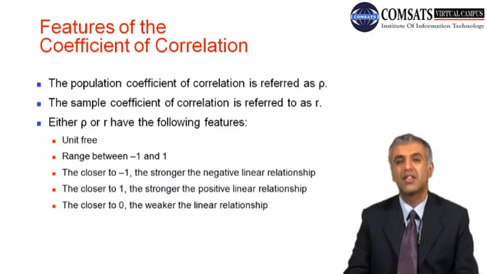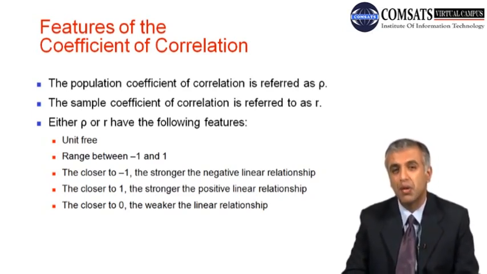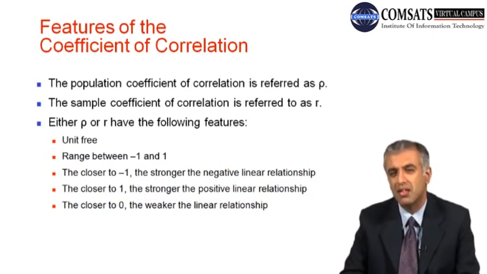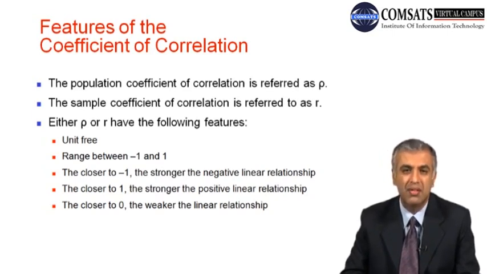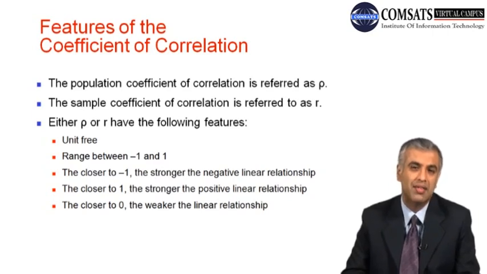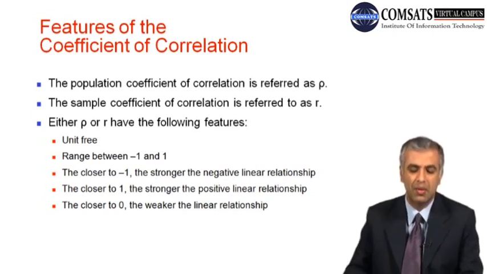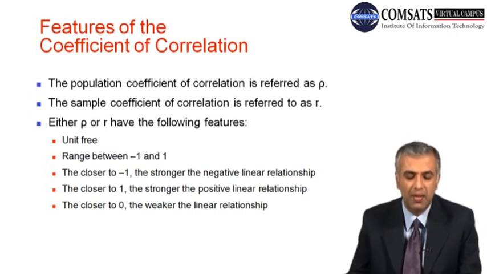However, the direction of the relationship depends upon the sign. In the case of a positive sign, figures closer to 1 portray a positive linear relationship, and in the case of a negative sign, figures closer to -1 portray a stronger negative relationship. Zero is a sign of no relationship at all.